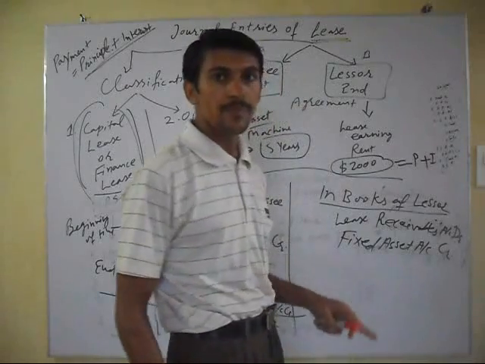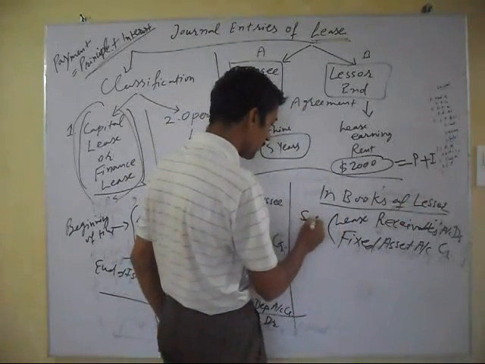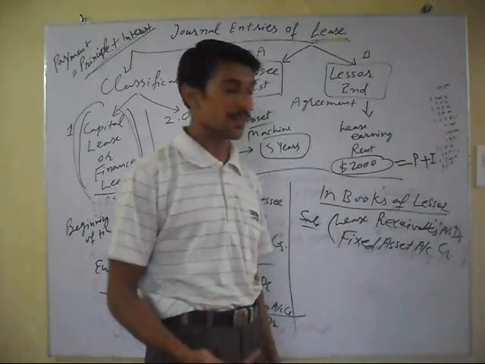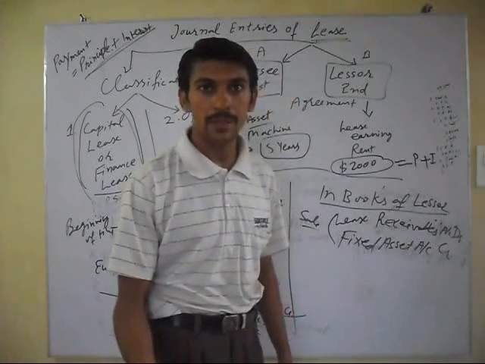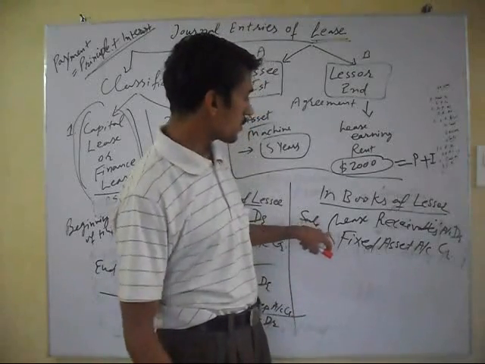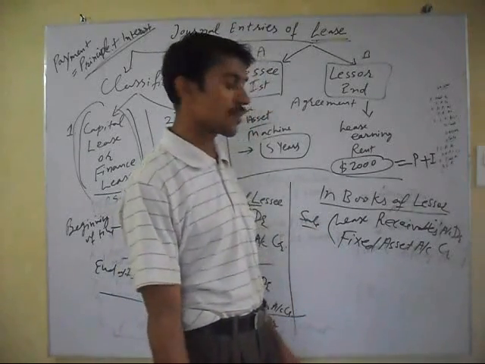For the lessor, it is just like a sale. It is like a credit sale. Lease receivable account, just like accounts receivable account debit to sale account. Like this, we can say lease receivable account debit to fixed asset account.